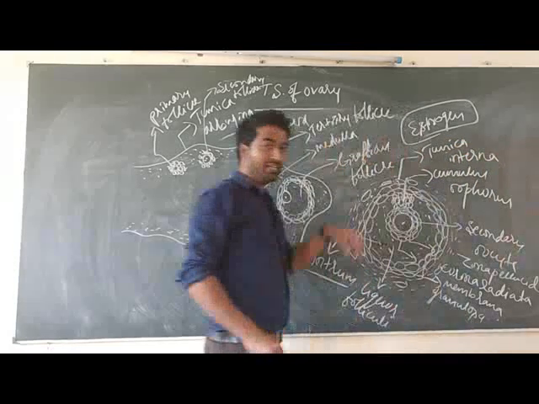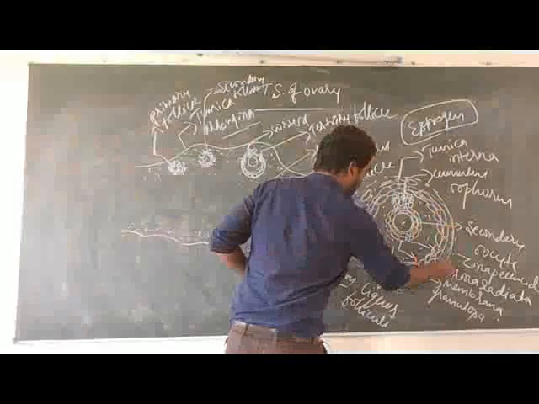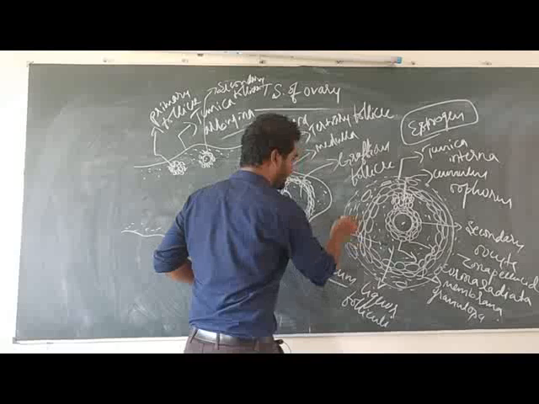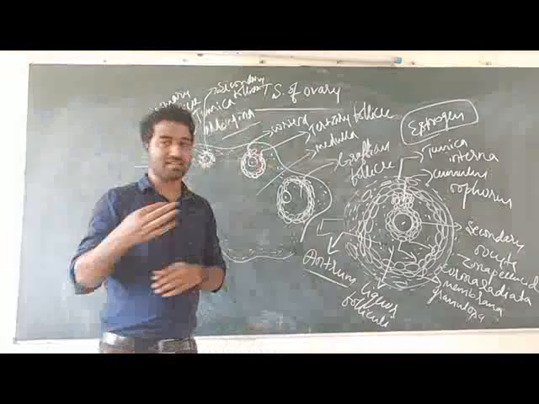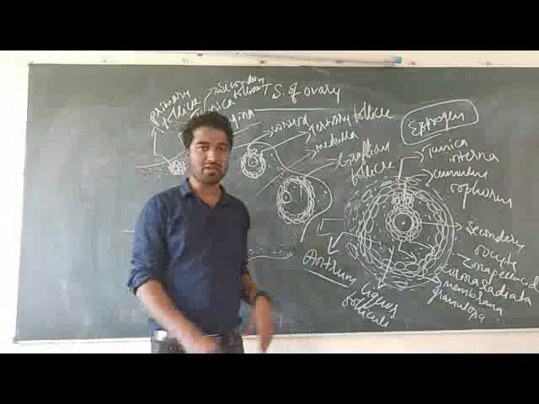And around the tunica interna, the outermost fibrous layer is known as tunica externa. So they are the outermost layers in the case of a matured Graafian follicle.